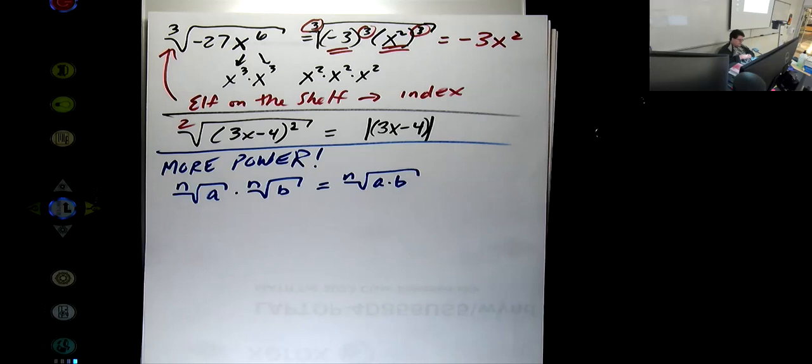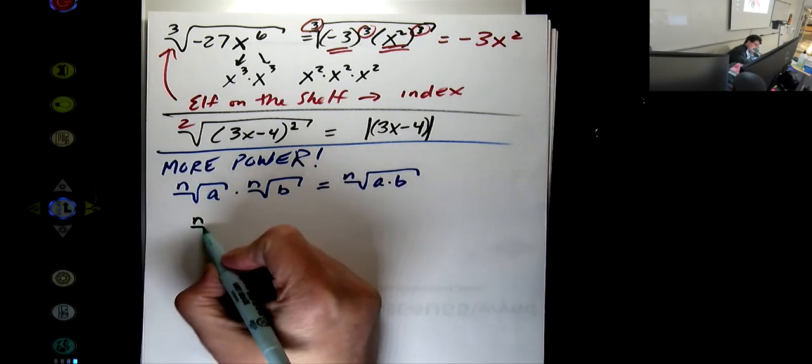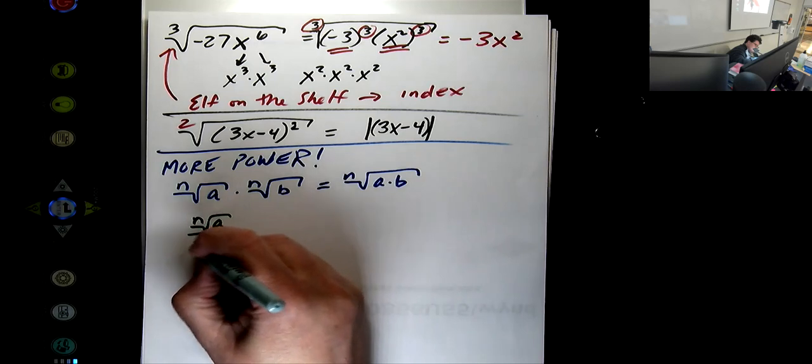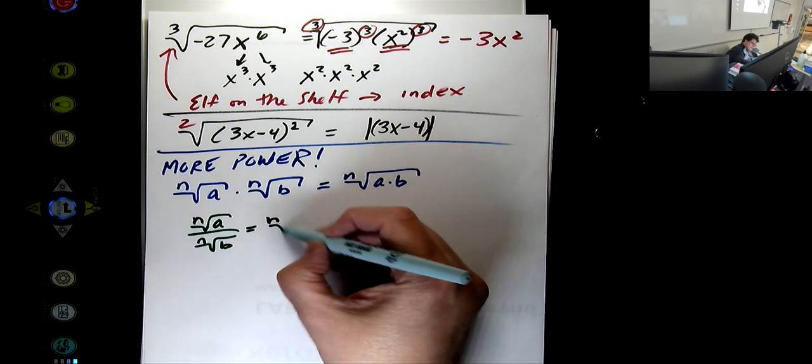That's like a multiplication version. There is a division version, and it does the exact same thing you would think. The nth root of a divided by the nth root of b is the nth root of a over b.